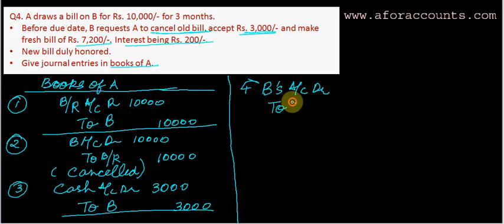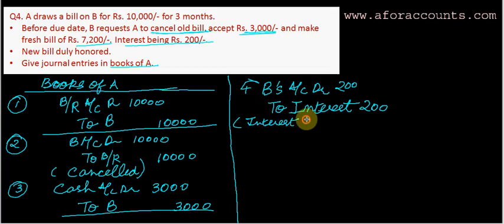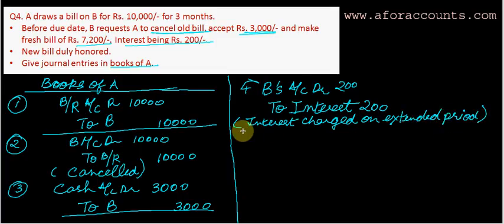So I say to interest, as interest is my income here. So credited to interest 200. Okay, interest is charged on extended period.